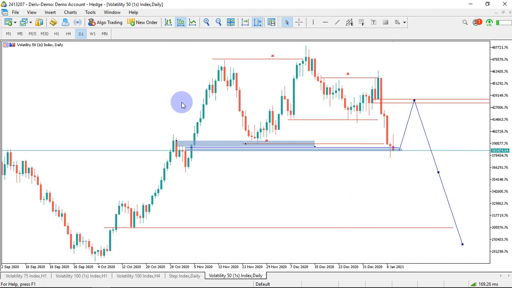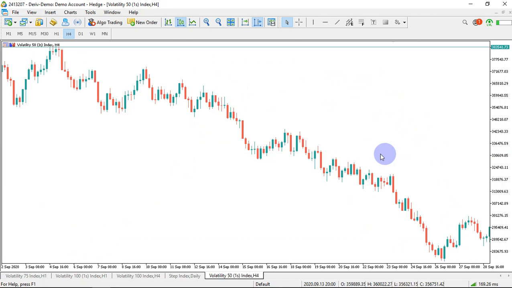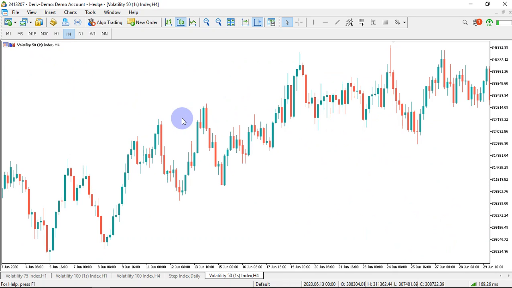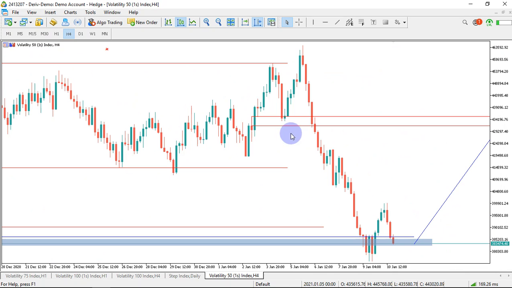Now let me look at the 4-hour time frame. On the 4-hour time frame, this happens to be what some would call a bearish order block, but it is not strong enough to hold as a bearish order block for me, because this is a downtrend and it definitely will break a bearish order block if it is on a downtrend.